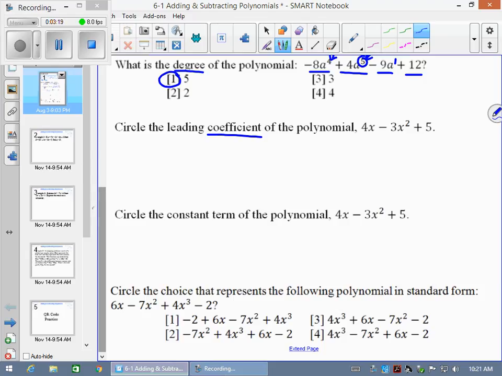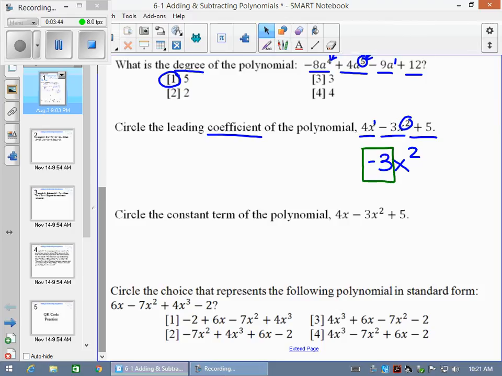So when I look at this polynomial, I see 4x, which is raised to the 1st, negative 3x squared is raised to the 2nd, and 5 does not have an x. So negative 3x squared is what is raised to the highest power. That should be my leading term. So when I look at this term, it's the negative 3 that would be considered the leading coefficient because it's in front of the leading term.